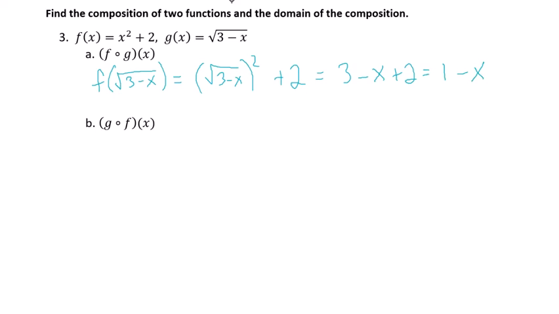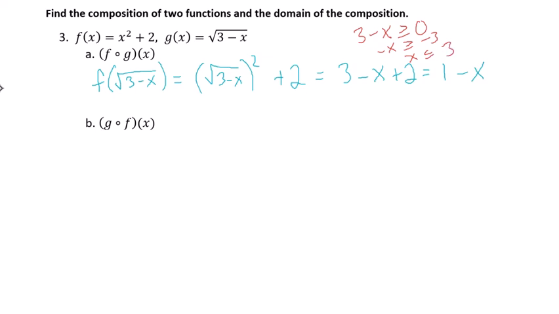Now this is linear, so it has no restrictions, but when we look at the parent function here, which was that square root of 3 minus x that we started out with, and we set that greater than or equal to 0, negative x is greater than or equal to negative 3, x is less than or equal to 3.